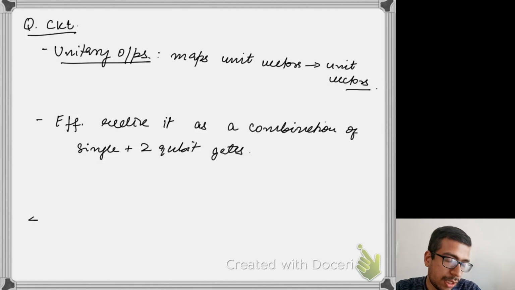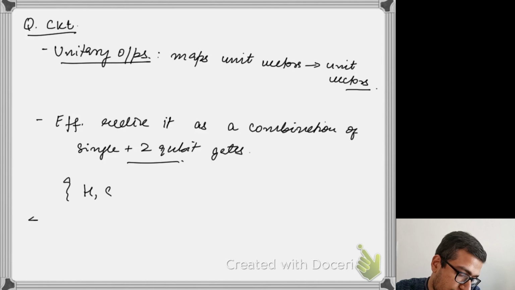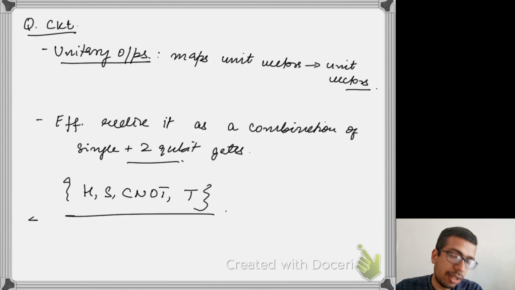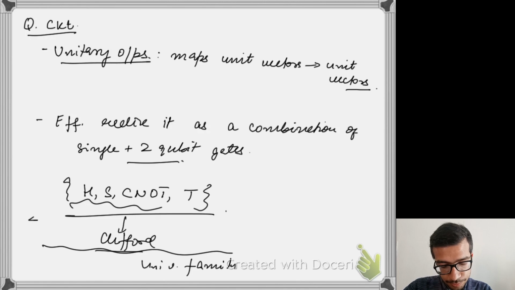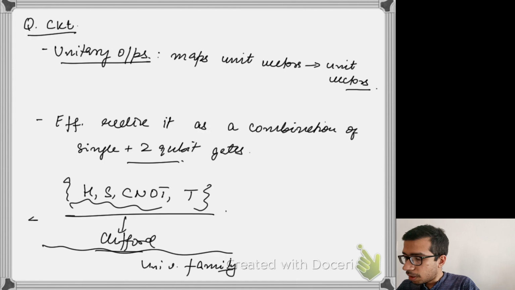So what are these gates? These could come from some universal family of gates, for example H, S, C-NOT and T. This is one particular family of gates. H, S and C-NOT form Clifford circuits, and Clifford plus T gives us the universal family.